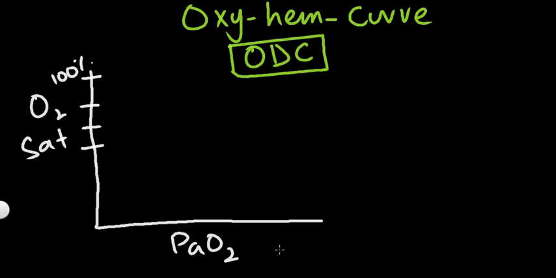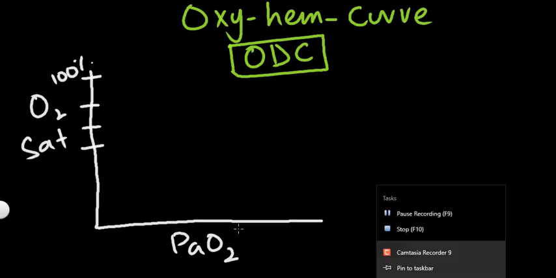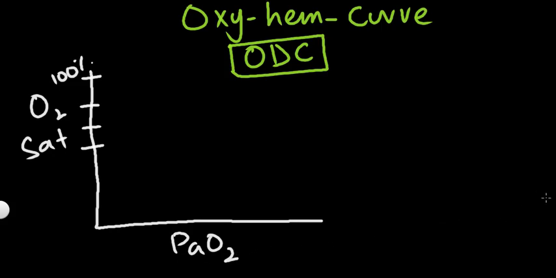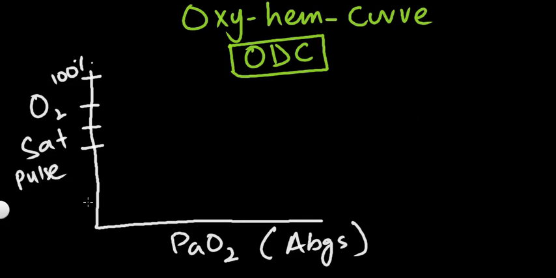Basically your partial pressure of oxygen is measured through your ABGs, while your oxygen saturation is measured through pulse oximetry.